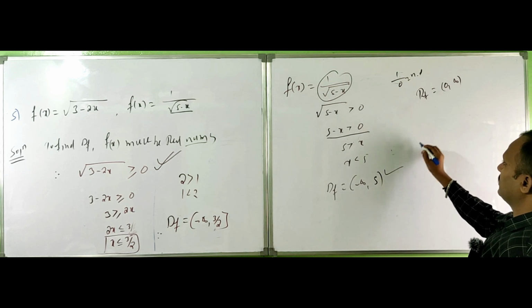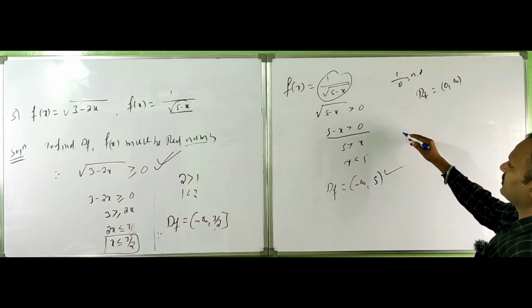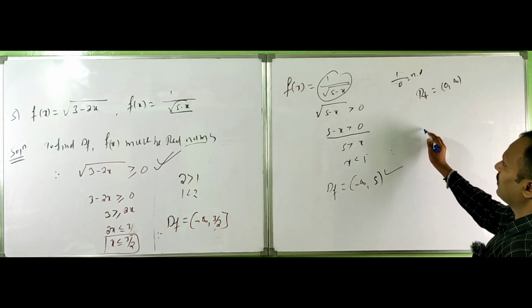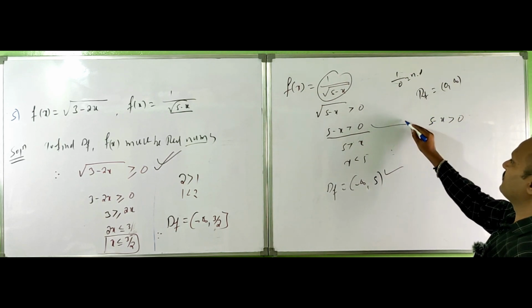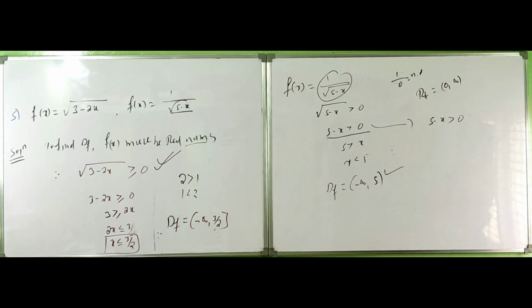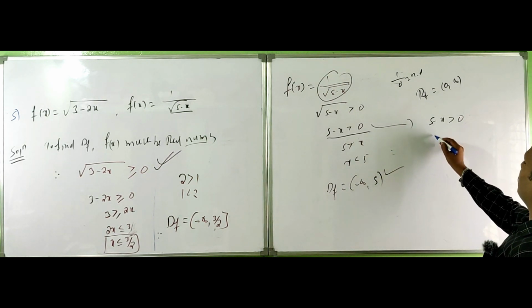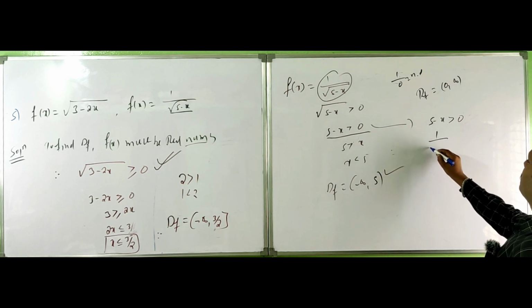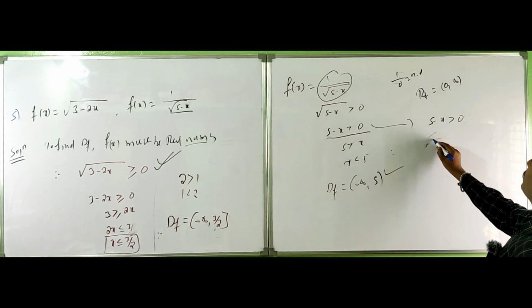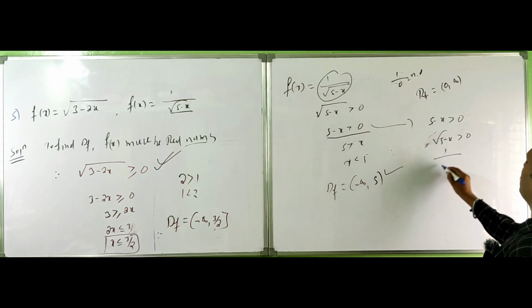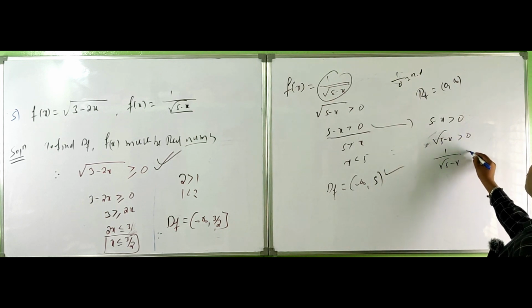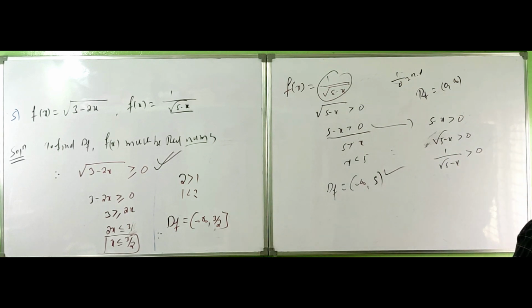But still, I take this one as 5 minus x is greater than 0. It need not be written here, but still I'm writing. The root of 5 minus x is also greater than 0, and 1 by root 5 minus x is also greater than 0 because there's a 1.